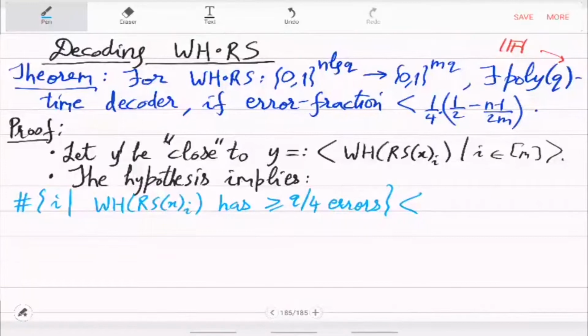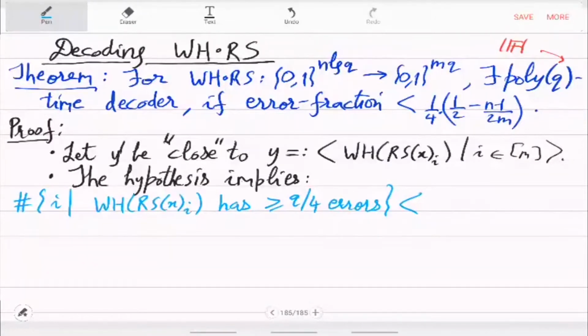The reason is that if it is large, and in each Walsh-Hadamard of the symbol the errors are also large, then overall it will exceed the bound that the hypothesis has put.